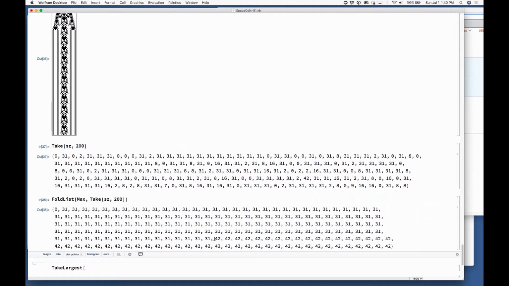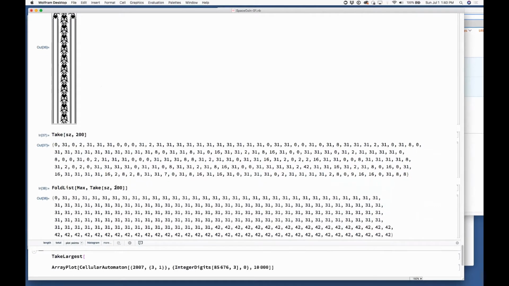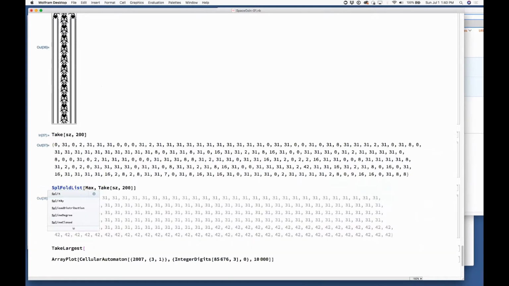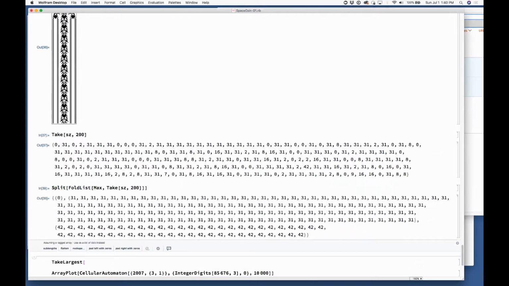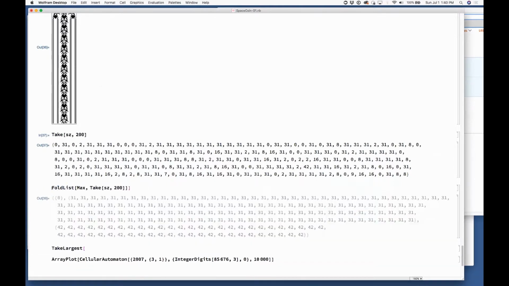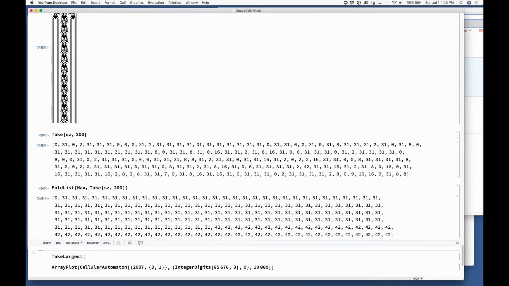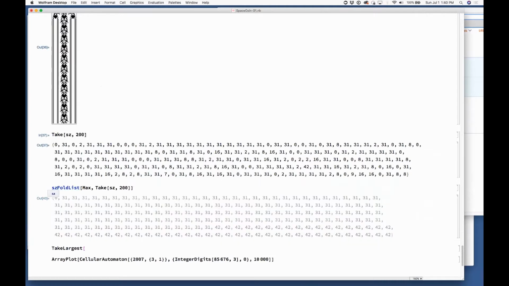If we find the position where these things change, that will give us the positions at which it changes. Actually, sorry, the better idea is to fold the whole thing.